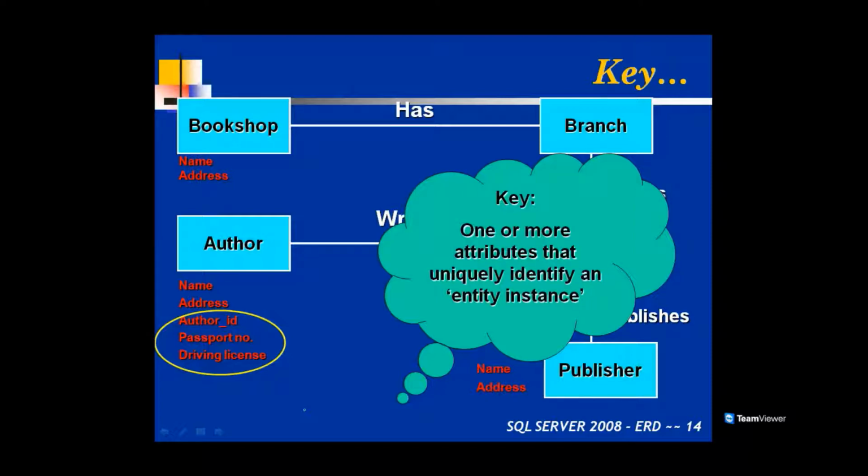What are they? Here we are talking about author ID, passport number, driving license number, cell phone number. All these are called candidate keys.